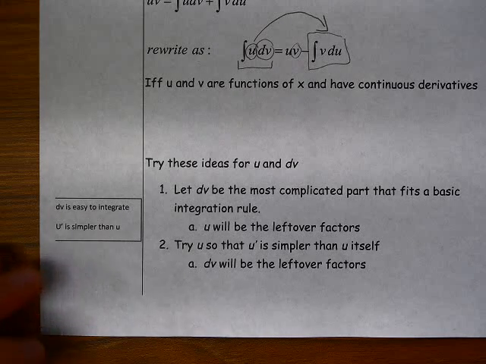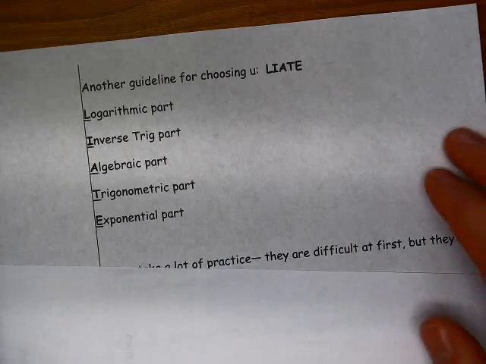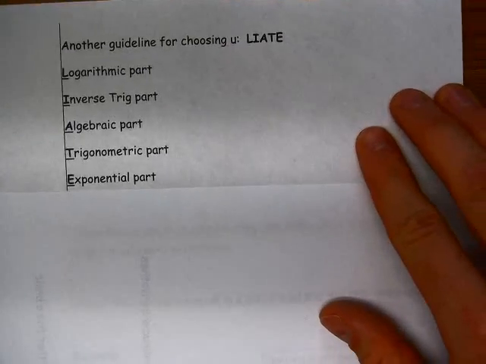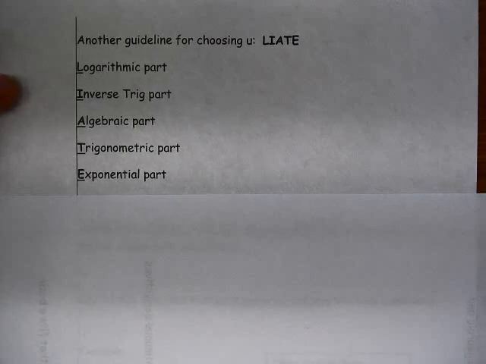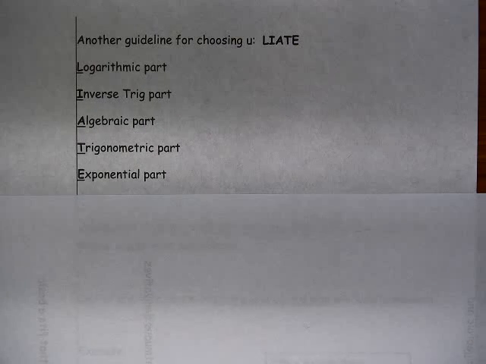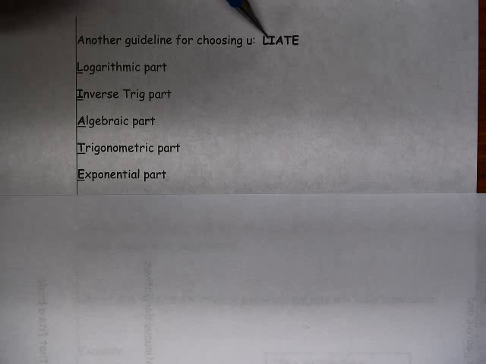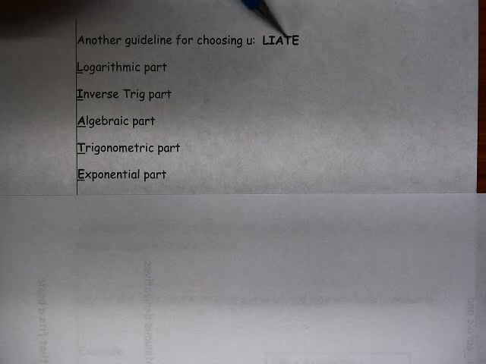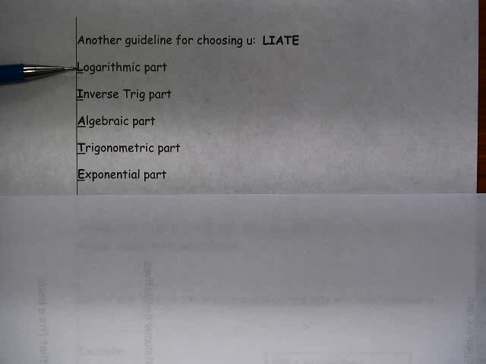There's a little mnemonic that I think is sometimes helpful in choosing your u and dv. This is a mnemonic for choosing which part of that integral you're going to let be u, and it's called LIATE. It's L-I-A-T-E, LIATE. We're going to try to let u be the logarithmic part, if there is one, of the integral.